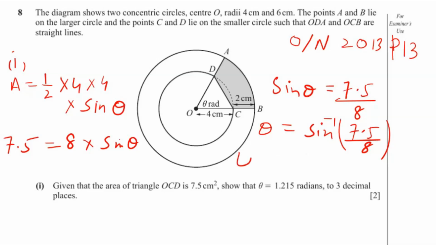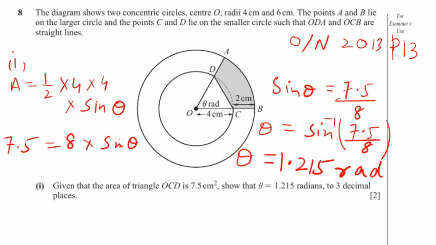Use your calculator, but keep in mind your calculator must be in radian mode to find sine inverse of 7.5 upon 8. You will get exactly 1.215 radians. So this is the requirement of question number 8, part number 1. We have achieved the target. Theta is equal to 1.215 radians.